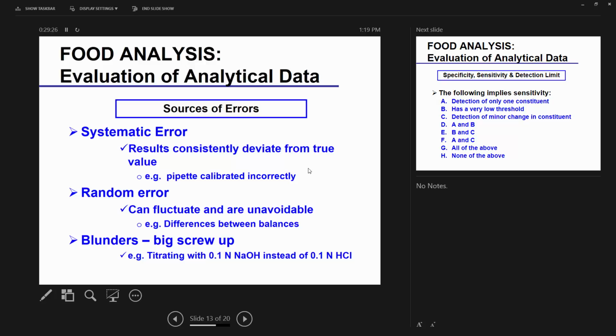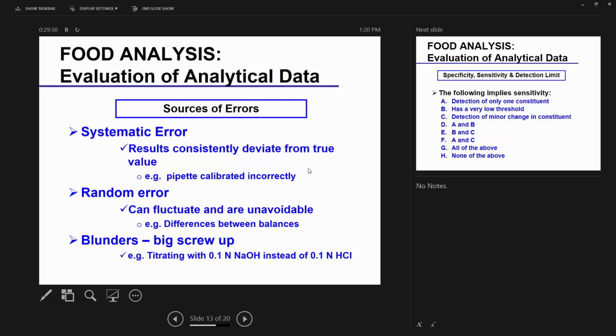Because if Amy is running the experiment versus Chelsea, there might be a different set of errors. I'm not going to say which direction it's going to be. It depends on the person that is running the method. Their specific technique is causing a certain error.